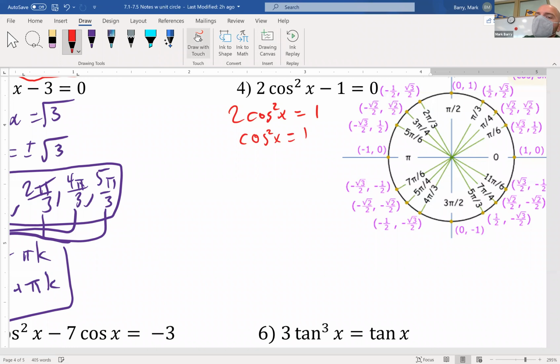Cosine squared x equals 1/2. Let's take a square root of each side. So cosine x equals plus or minus, since we took a square root, the square root of 1, which is just 1, over the square root of 2, which I'll leave as rad 2.